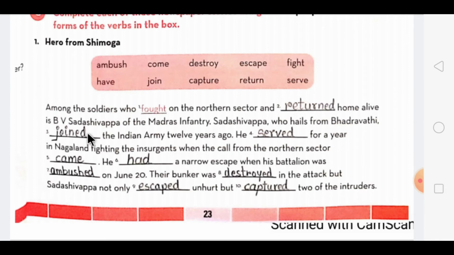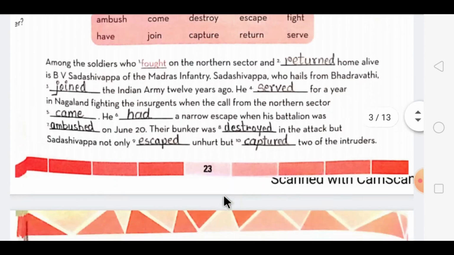Dear students, here the V1 form is given, so you have to use the V2 form according to the sentences. He had a narrow escape when his battalion was ambushed on June 20. Their bunkers were destroyed in the attack, but Sadashivappa not only escaped unhurt but captured two of the intruders.